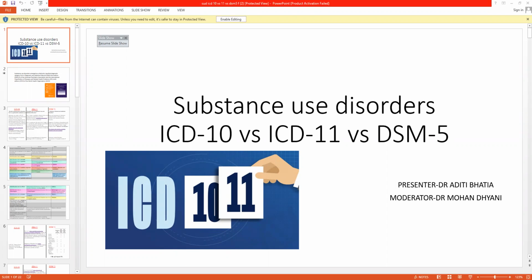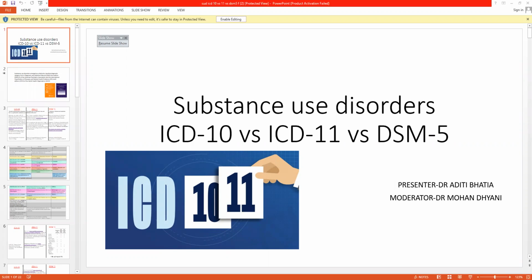ICD-11 has included new categories of psychoactive substances such as synthetic cannabinoids and synthetic cathinones. These groups of drugs are known as new psychoactive substances, that is NPS. Caffeine dependence was included as a distinct diagnostic category. This development of ICD-11 is in line with DSM, while in ICD-10, caffeine dependence was included under other stimulants and caffeine.